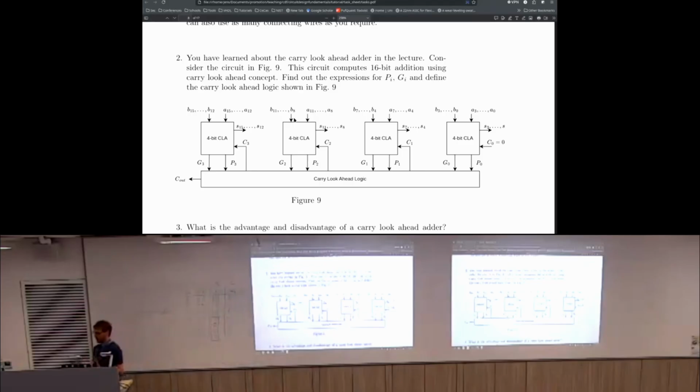The question here is now, how do we come to C out? How do we create that? And for that, we wanted to find the carry look ahead logic here.